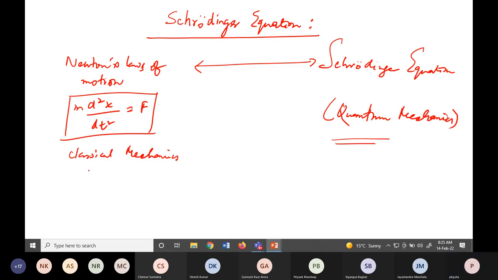Now what he tried to do, as it is a wave, he tried to look at classical waves, how we represent classical waves, okay? So from Newton's law, we already know how we represent a classical wave.